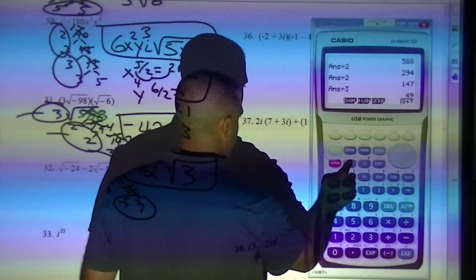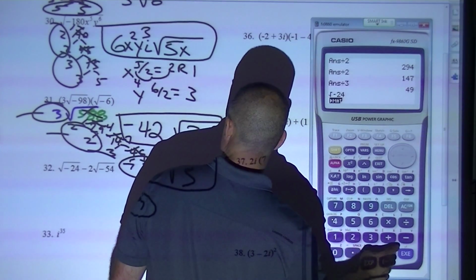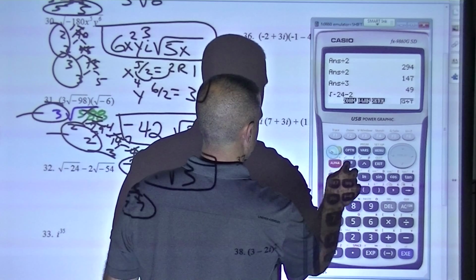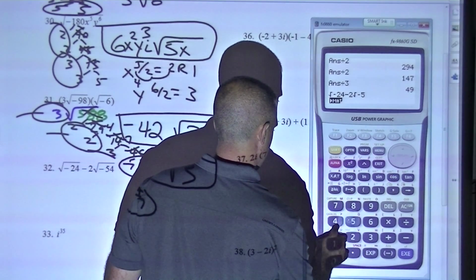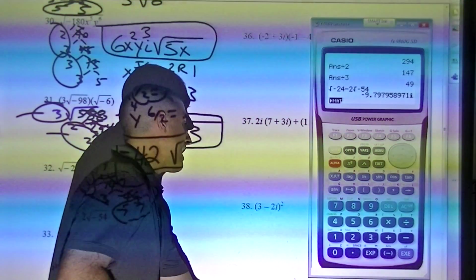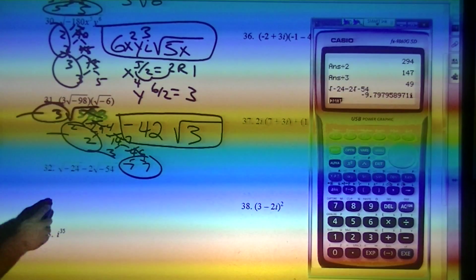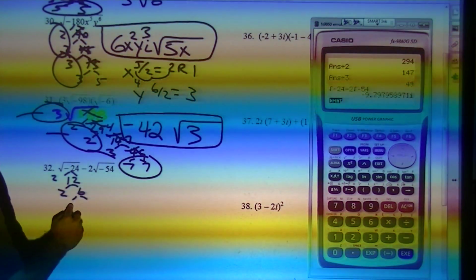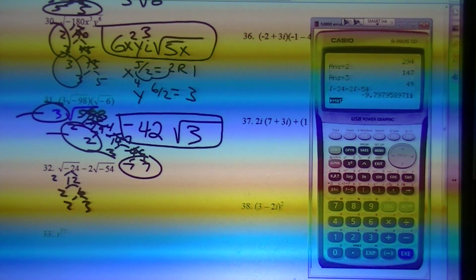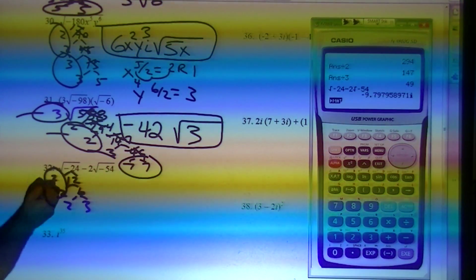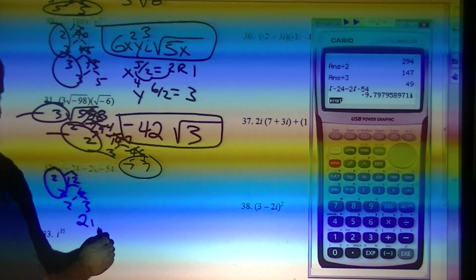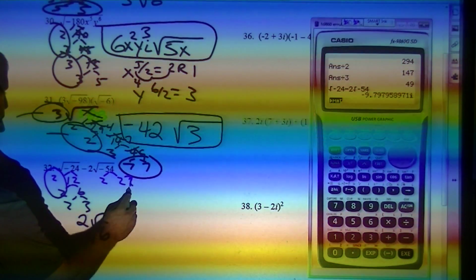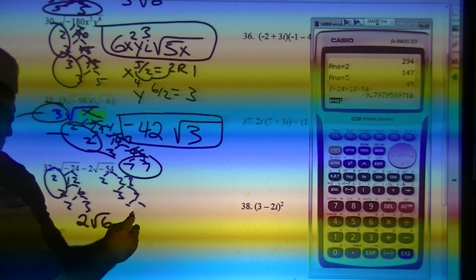Next problem, square root of negative 24 minus 2 square root of negative 54. It's a negative with an i, so I'm going to go ahead and reduce this. This is 2 and 12, 2 and 6, 2 and 3. So this is my pair. So I'm going to have 2 square root of 6. 54, 2 and 27, 3 and 9, 3 and 3.